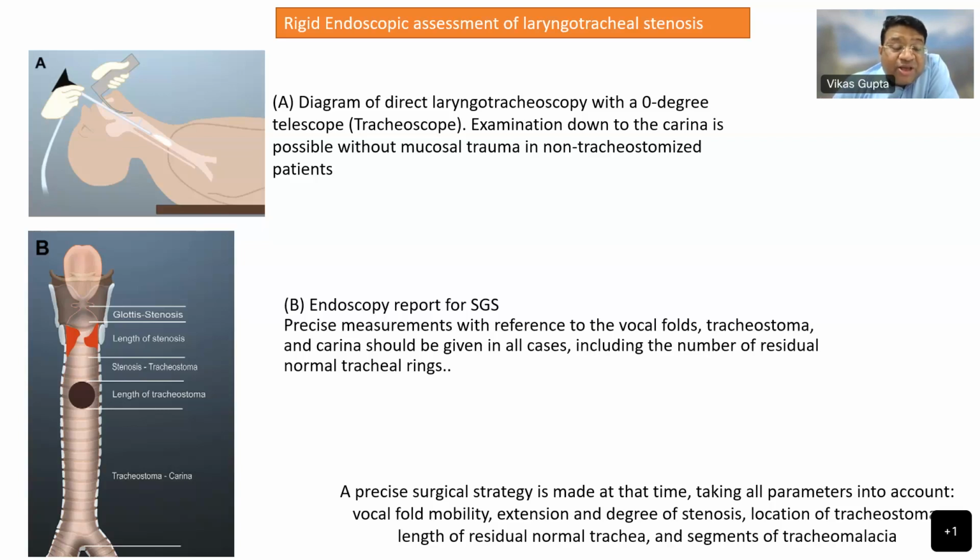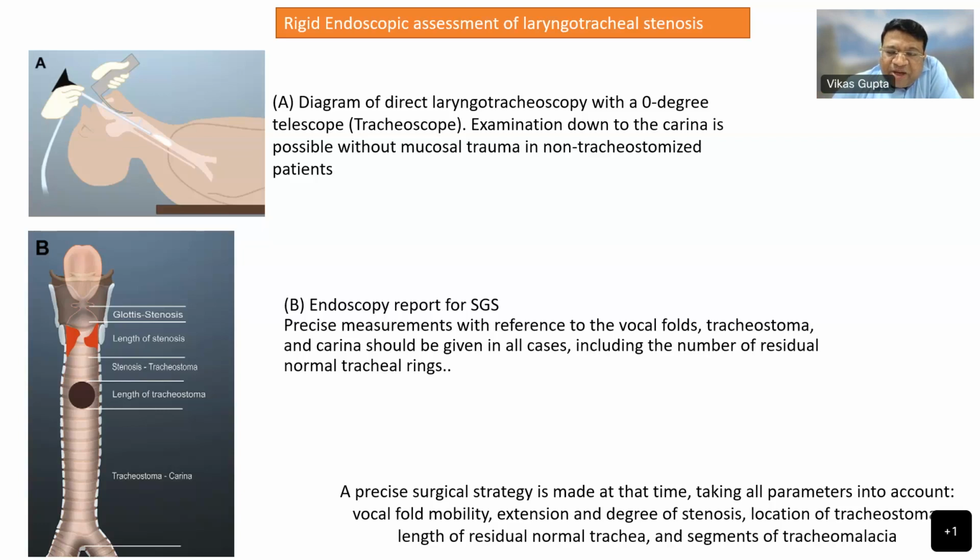Now, what all things are to be seen and what all things are to be measured? When we are doing a rigid telescopy, we have to take a few measurements, and they should be very precise. Your first reference should be the vocal cord. The next should be the start of the stenotic segment, so the distance between the lower surface of the vocal cord and the upper end of the stenotic segment.